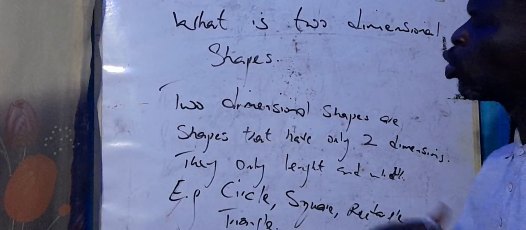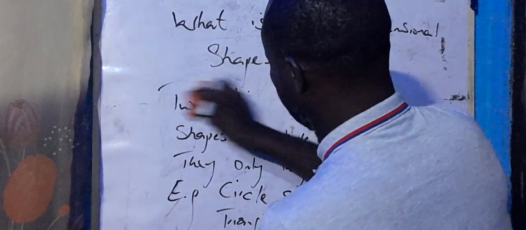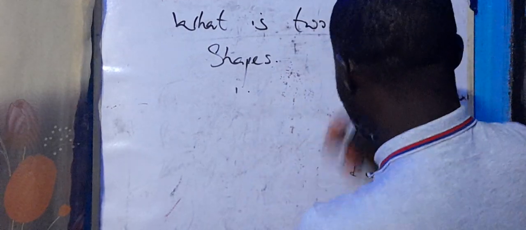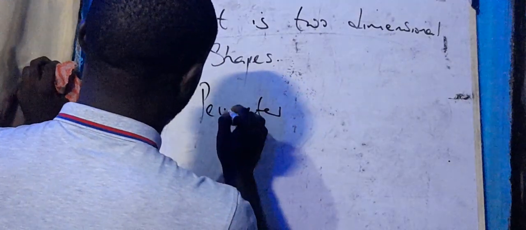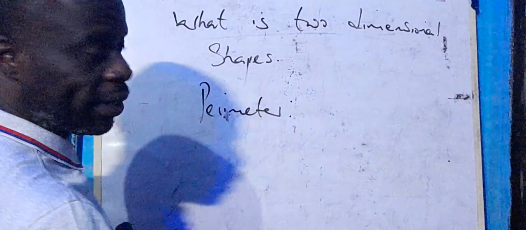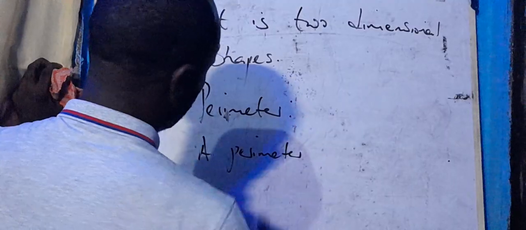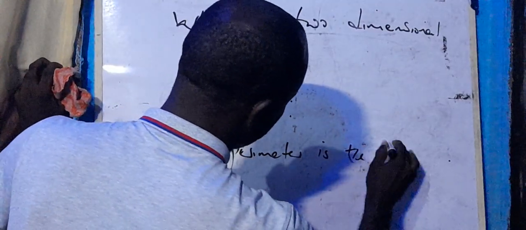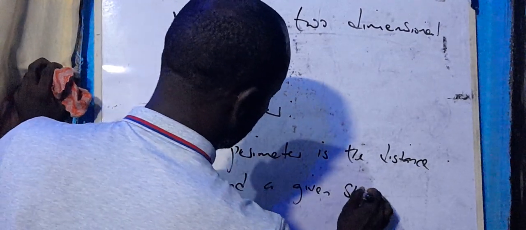Now, if you want to solve for their values, their quantities, the concept we will use is perimeter. So we'll start by defining it. What is a perimeter? A perimeter is the distance around a given shape.